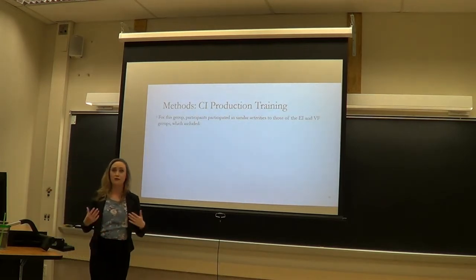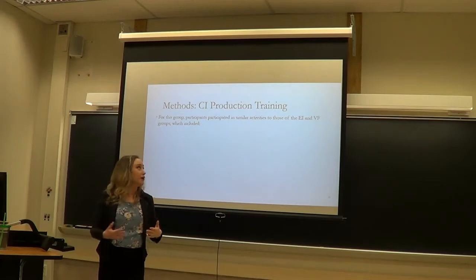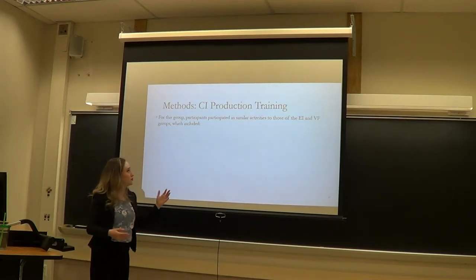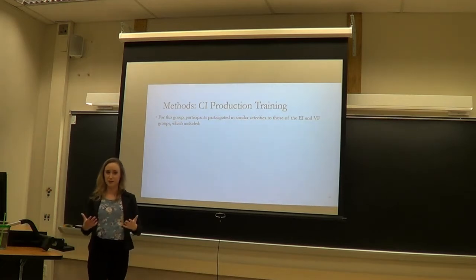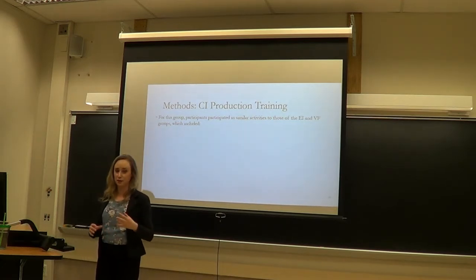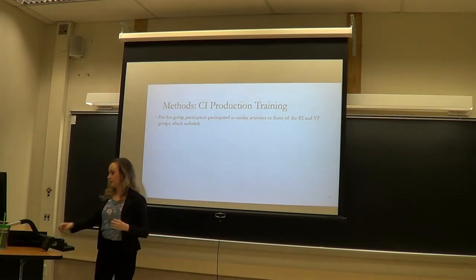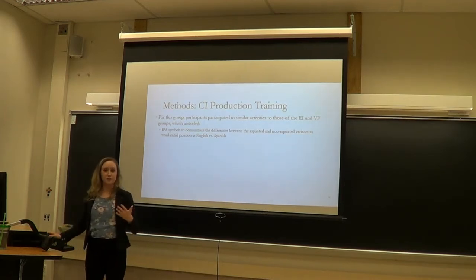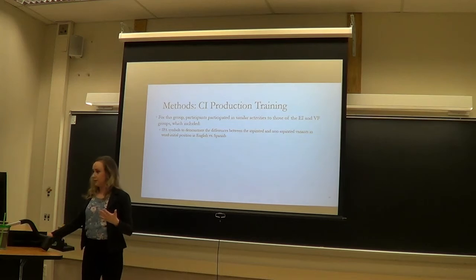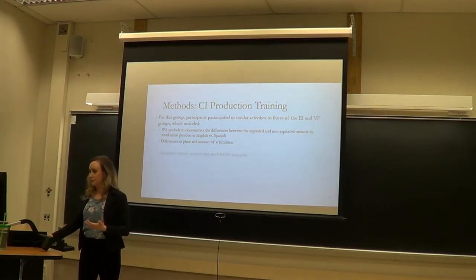Okay, so now for the combination instruction group. Again, for this group, they participated in activities that were similar to the explicit instruction group and the visual feedback group, but it was really just a combination of the two. So, they had the International Phonetic Alphabet symbols. They also were told the differences in place and manner of articulation.